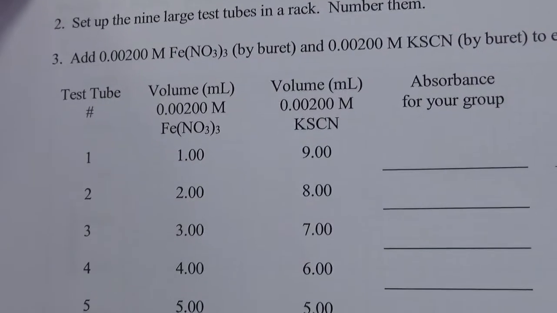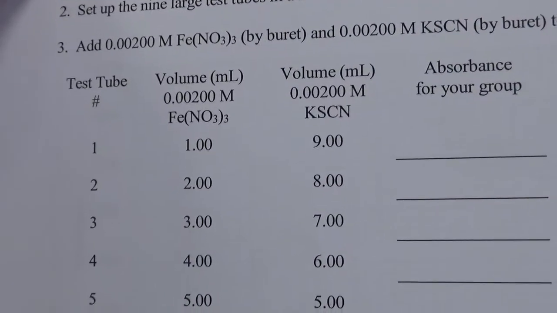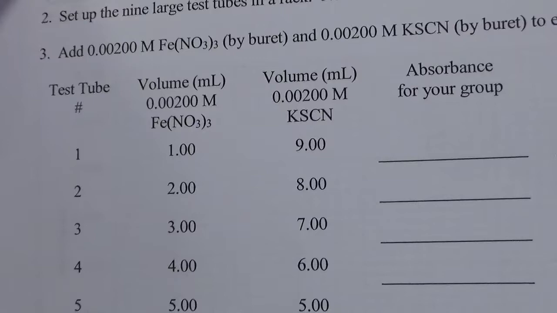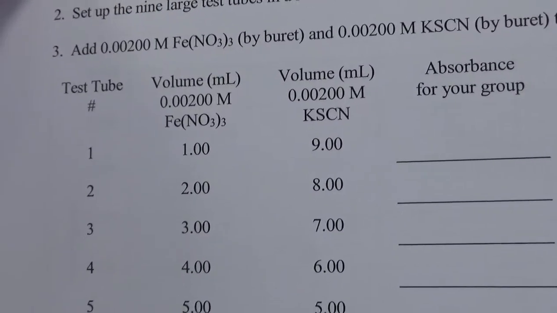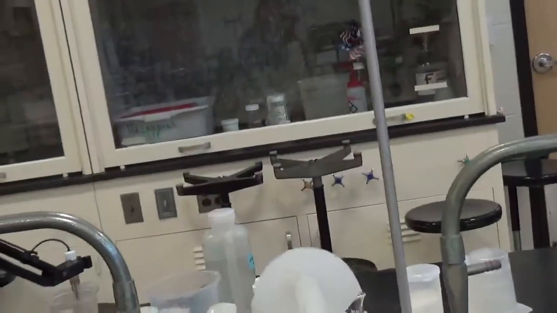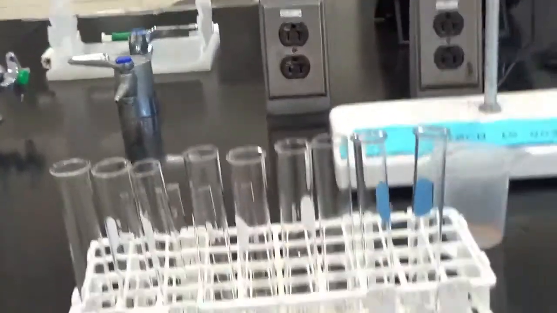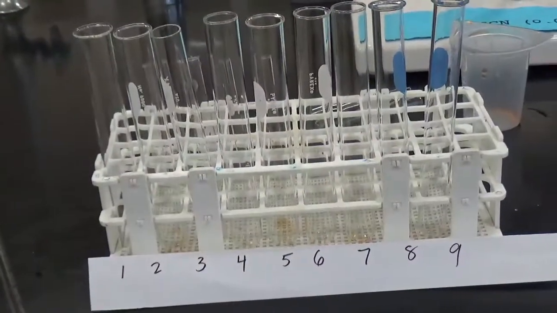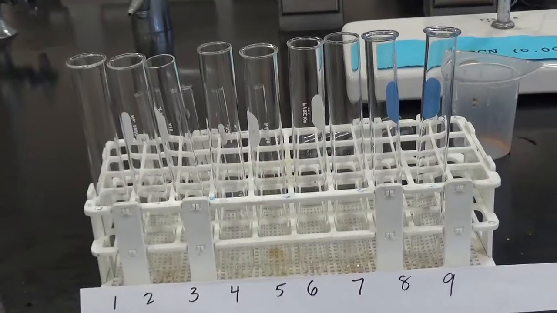So in solution 1, it's 1 of the iron compound and 9 of the potassium thiocyanate. In number 2, it's 2 and 8, and then 3 and 7, etc. So we're basically making up 9 solutions with consecutively increasing amounts of the iron nitrate and consecutively decreasing amounts of the potassium thiocyanate.